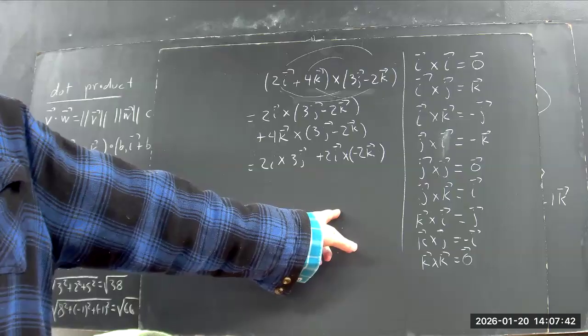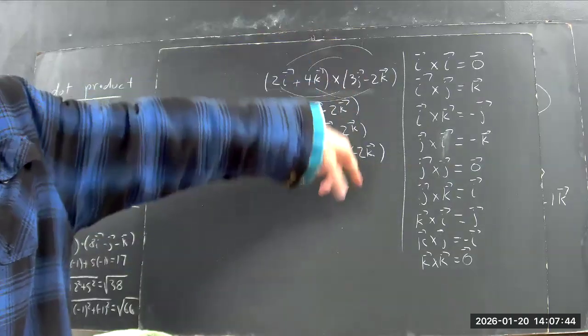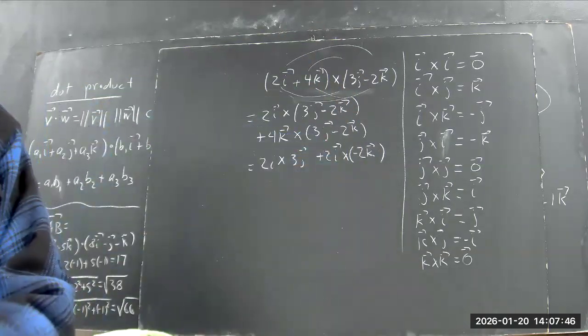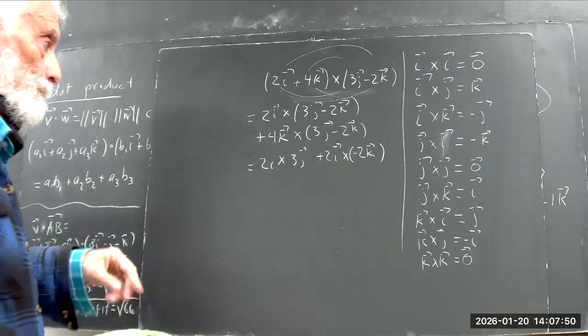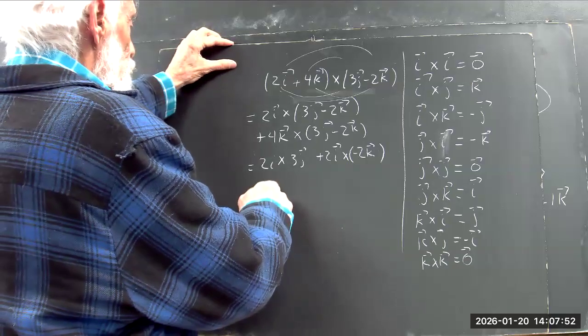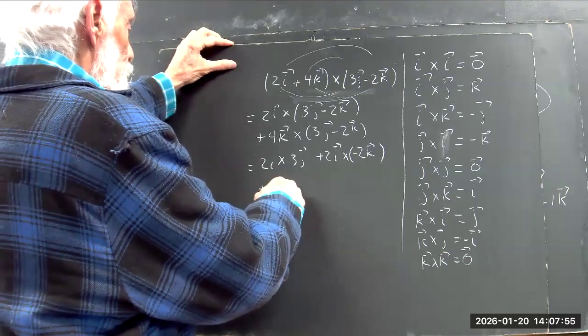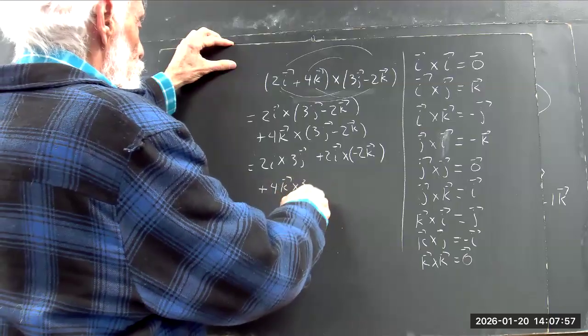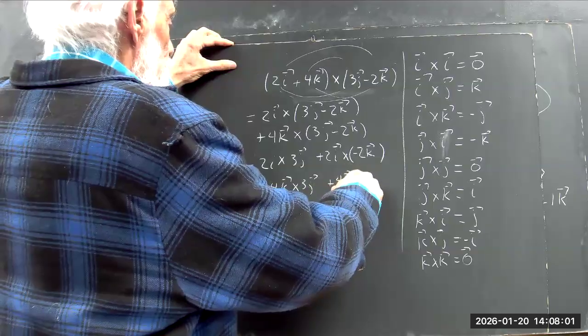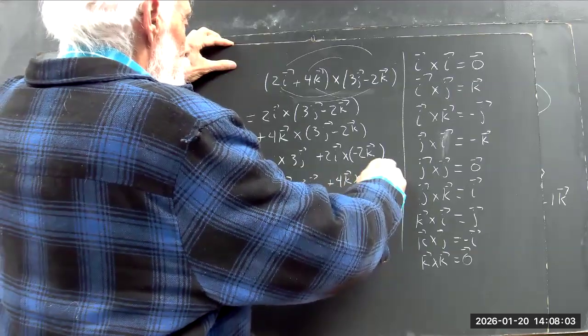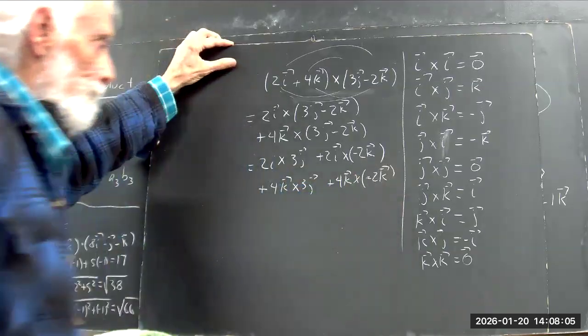That's a real law. Okay, this is not a law, that's a convenience. This is the law. You should be able to break these down by the distributive law. Should be easy. Okay, anyhow, then I got plus 4K cross 3J plus 4K cross negative 2K.